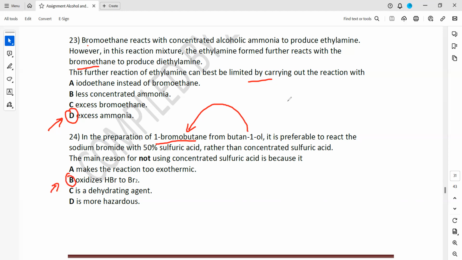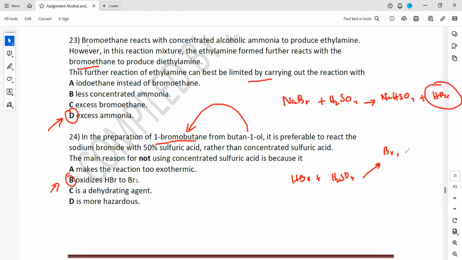First, when sodium bromide, NaBr, reacts with sulfuric acid, it produces sodium hydrogen sulfate plus hydrogen bromide. This hydrogen bromide may react with sulfuric acid to form a bromine molecule and sulfur, or it may produce sulfur dioxide and a bromine molecule.